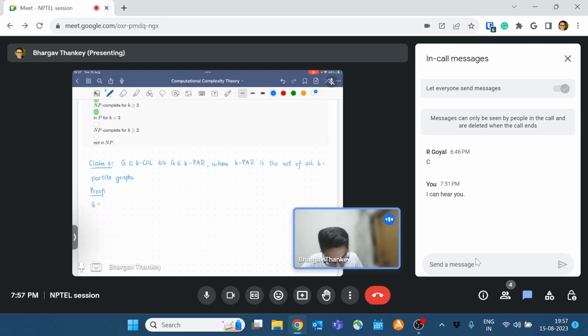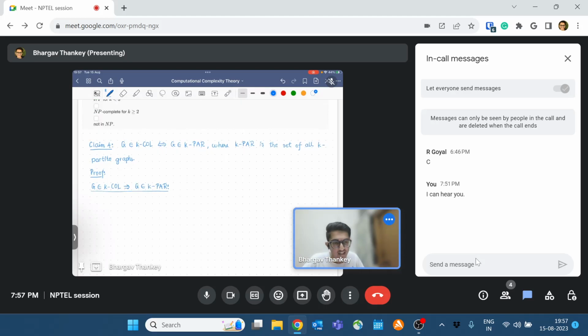So first, G is K colorable. If G is K colorable, then the entire graph can be painted with a maximum of K colors.